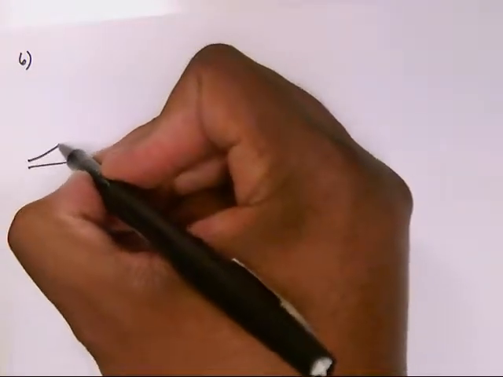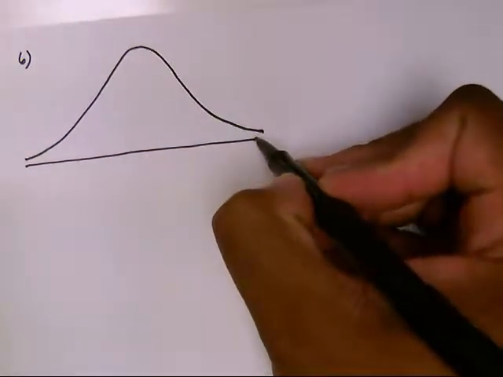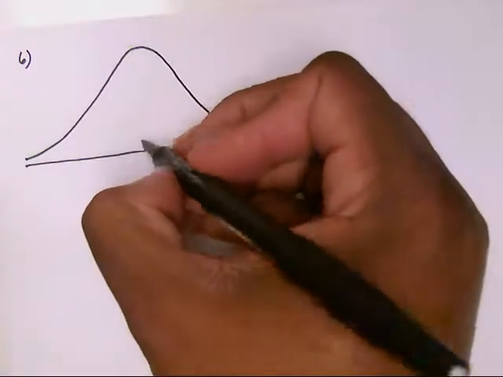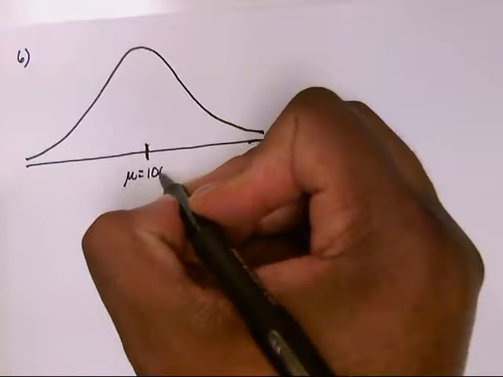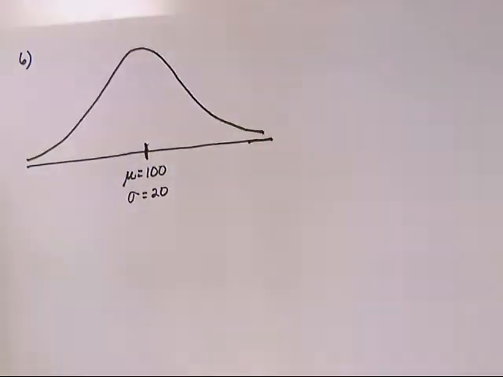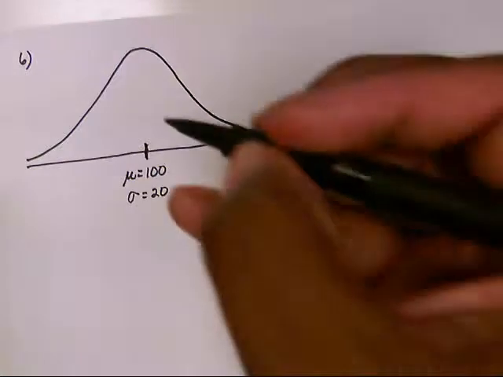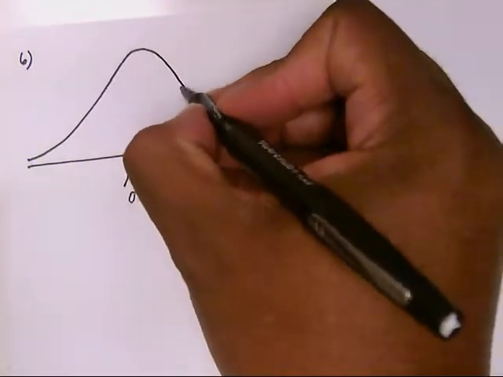So here I'm going to draw a normal curve the best way I can. I'm doing this free-handedly. I want you to know that. Here the mean was given to us as 100. The standard deviation was 20. That was given to us in the problem because we're assuming that it's normally distributed with a mean of 100 and a standard deviation of 20. So we want the probability that a randomly selected adult has an IQ greater than 116. So 116 will be over here somewhere to the right.